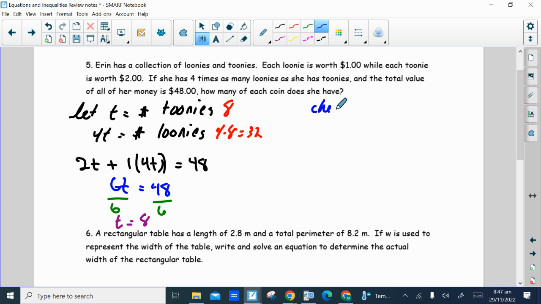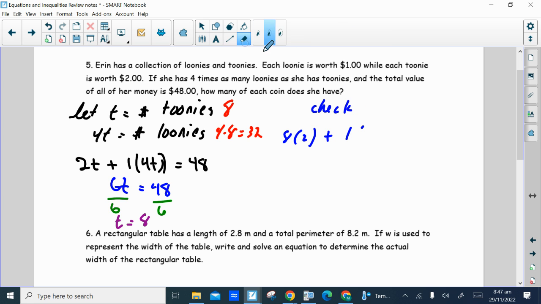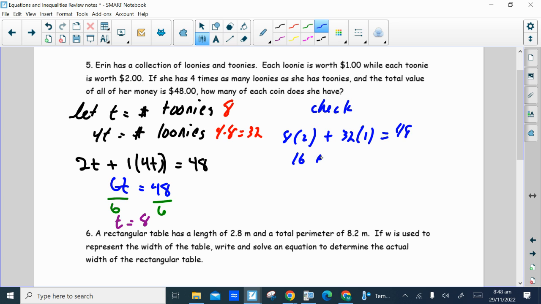So this is our check. 8 toonies, and each toonie is worth $2, plus 32 loonies, and each loonie is worth $1, should equal 48. 8 times 2 is 16, plus 32 does equal 48, so it checks. Our answer is correct.